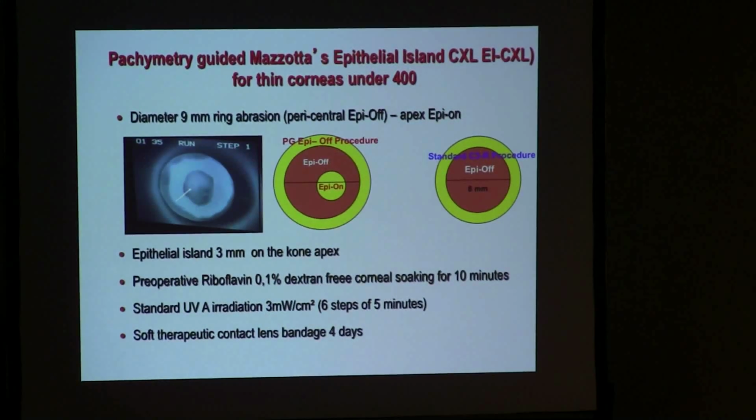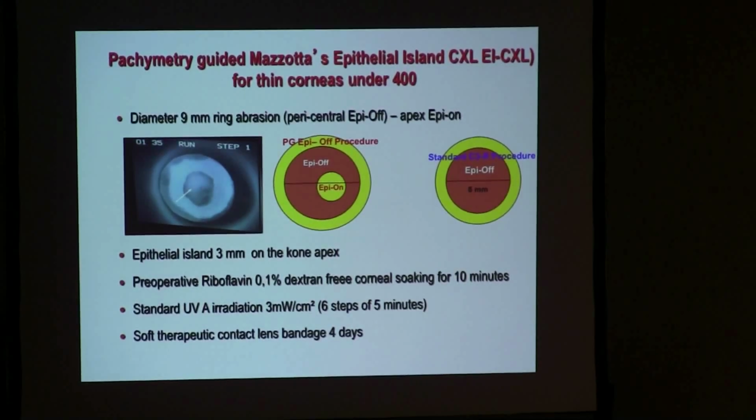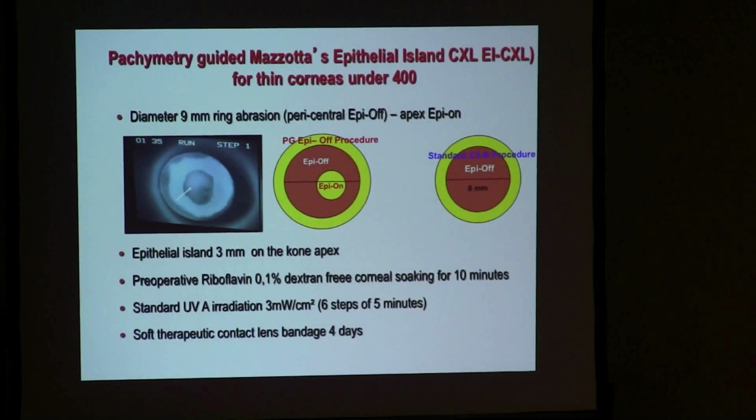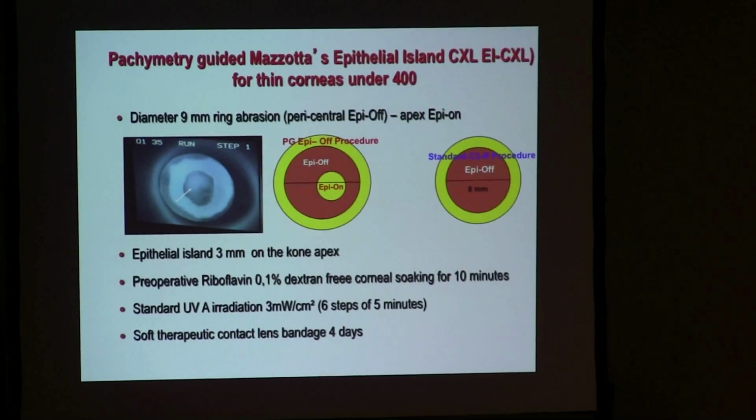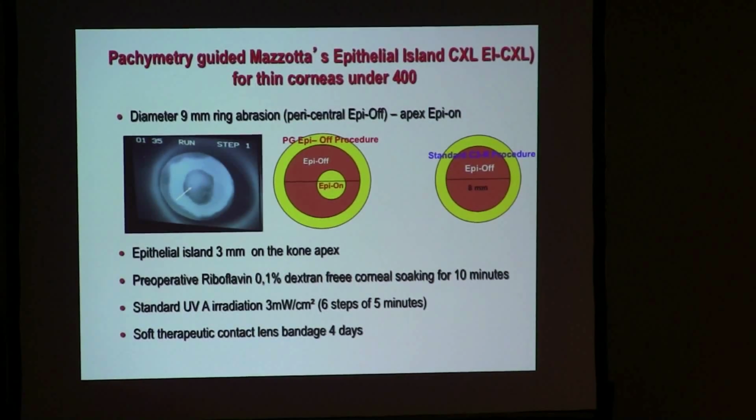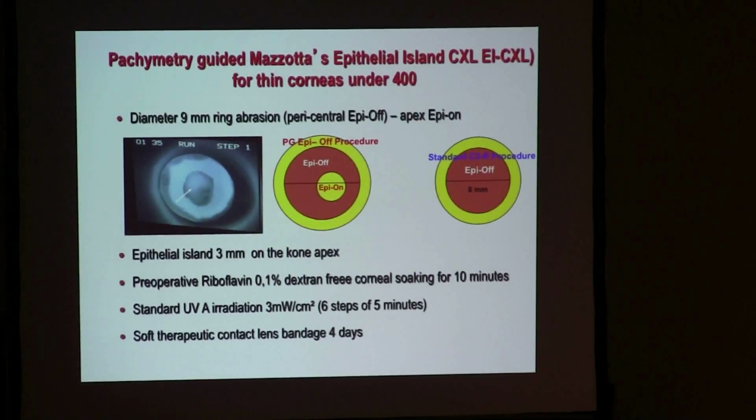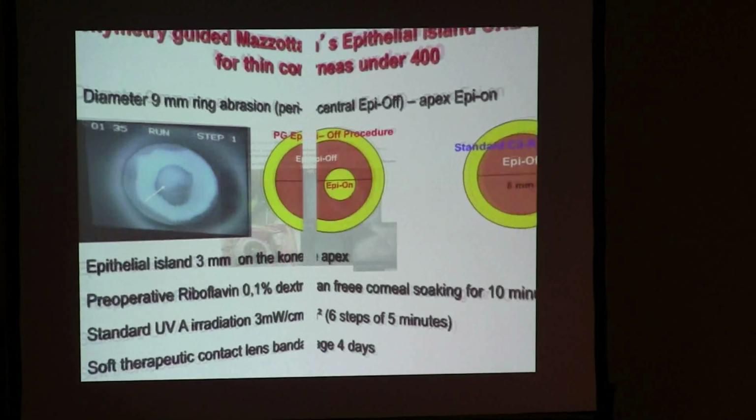Another good technique, if you perform the normal cross-linking, is the epithelial island cross-linking. In other words, you can leave an epithelial island over the thinnest point of the cornea, just to preserve this zone, because you don't want to go deeper where the cornea is thinnest, and cross-linking the epithelialized cornea in the periphery.